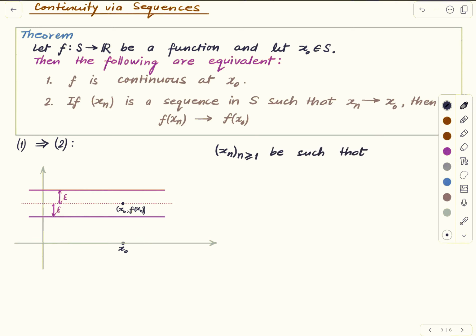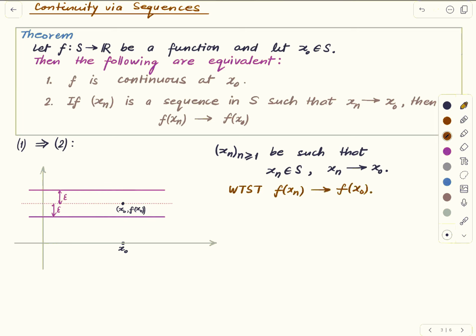So xn is a sequence such that, first of all, each point is in S, and second, it is convergent and converges to x0. And what do we want to do? We want to show that this is the case.